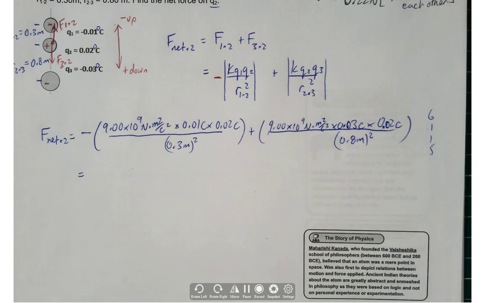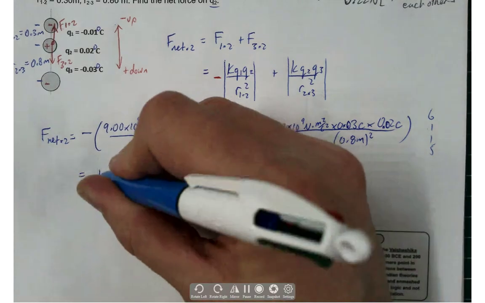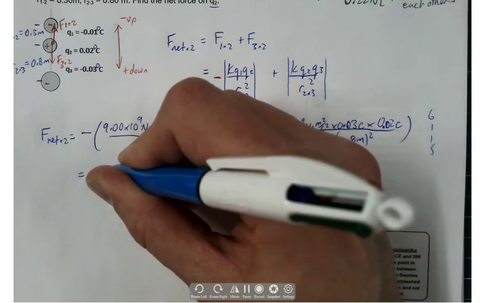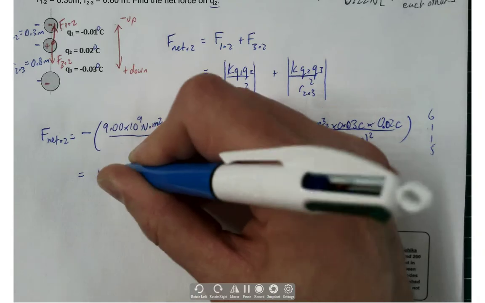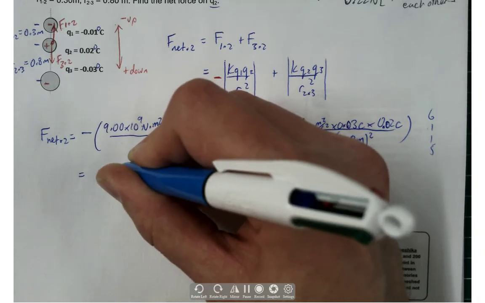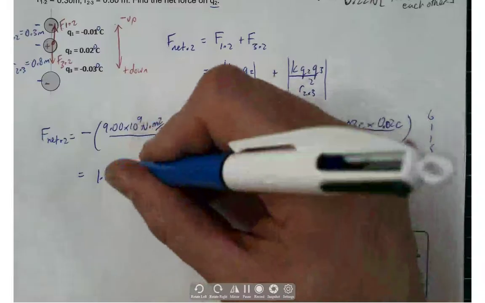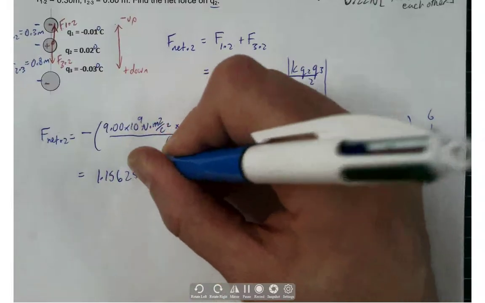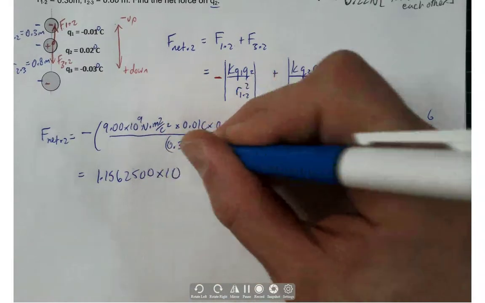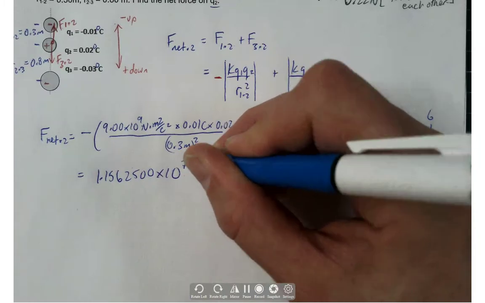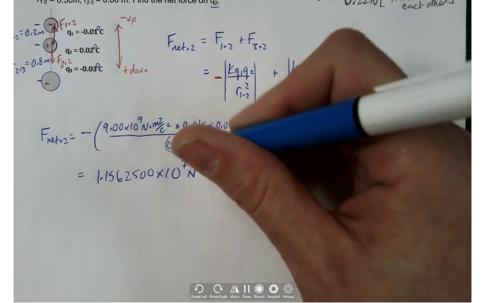What'd you get? 1.562500. 1.15, yeah? Like this? Yeah. Yeah? 2500? 7. Yeah, I got 7.